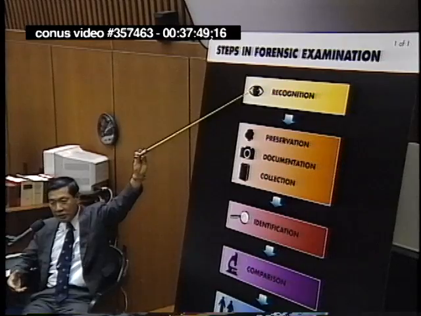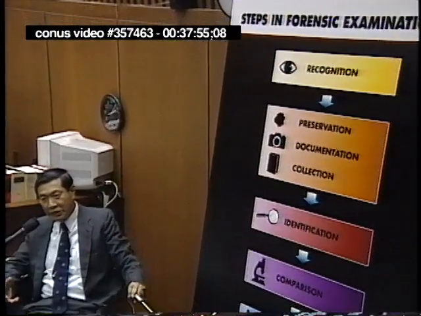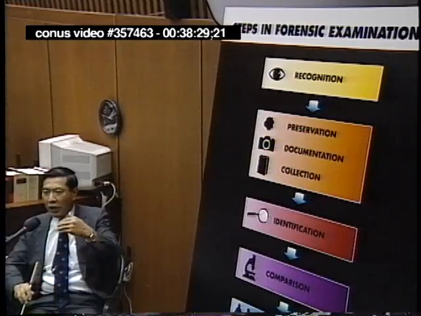Since we did not recognize, we did not go through the identification examination. So recognition is very crucial for any crime scene investigation, for any examination of physical evidence. Once we recognize the particular item has particular importance or potential value related to a case, then we go through the next step, which is a composition of a lot of sub-steps.